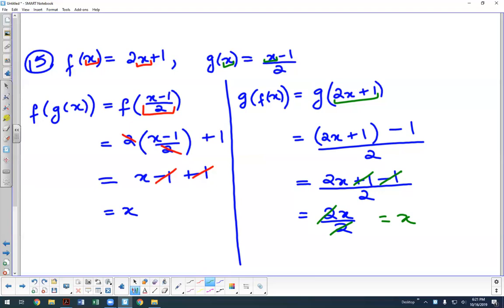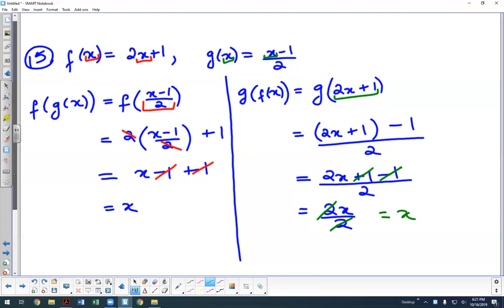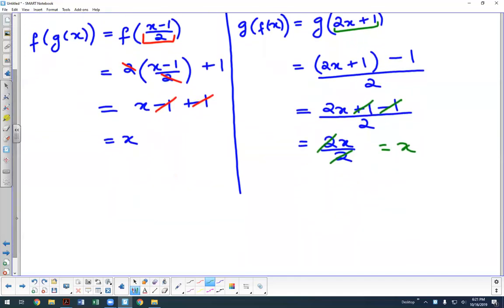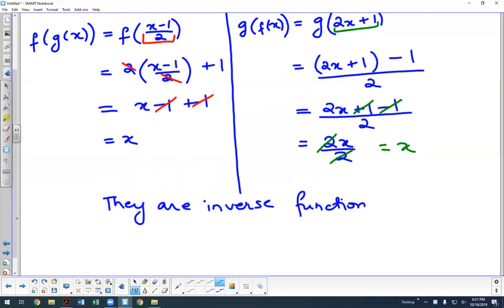If you can show that going in both directions, f of g of x, the first part, and then g of f of x, in both directions I get x by itself, then we can say these are inverses of each other. Okay, so that's what we're looking for when we do this little process. So you can say they are inverse functions.